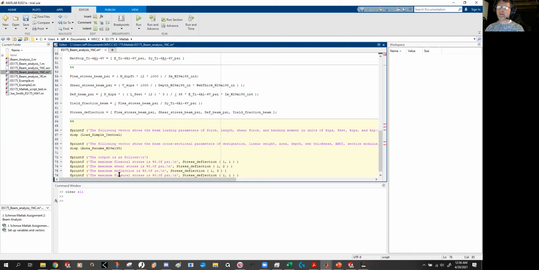And then we've got maximum flexural stress. Okay, the ratio. That's the last thing, the ratio of maximum flexural stress to yield strength.